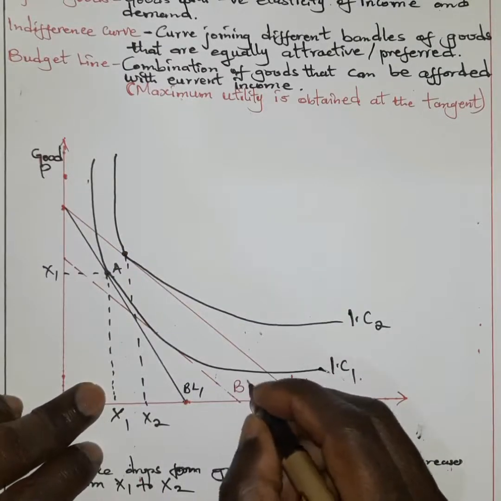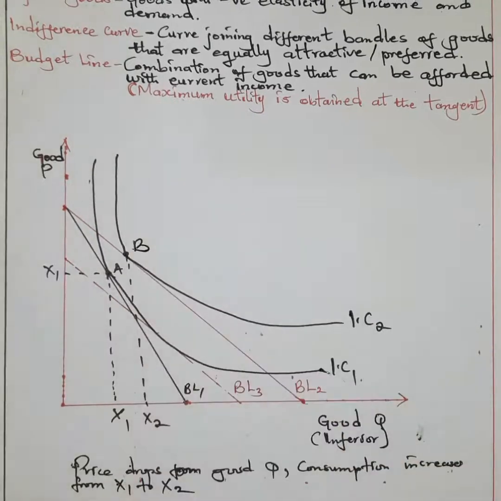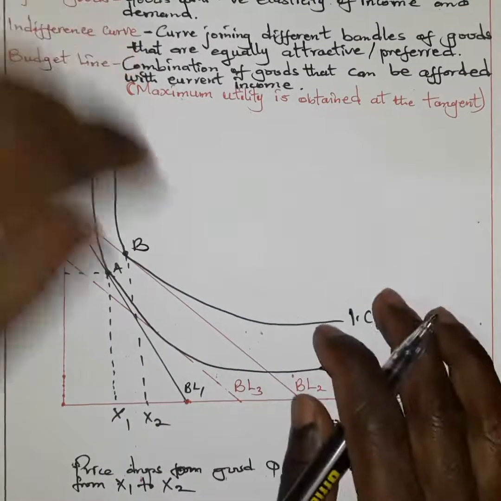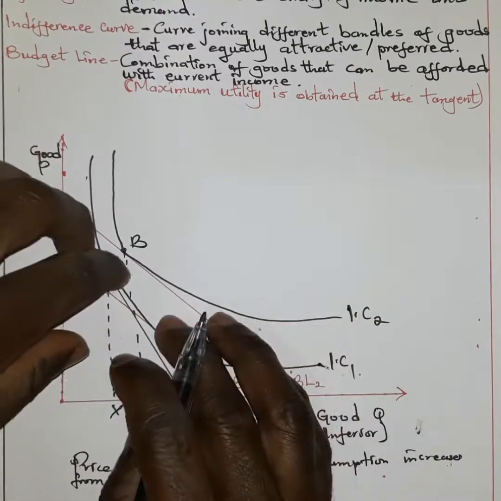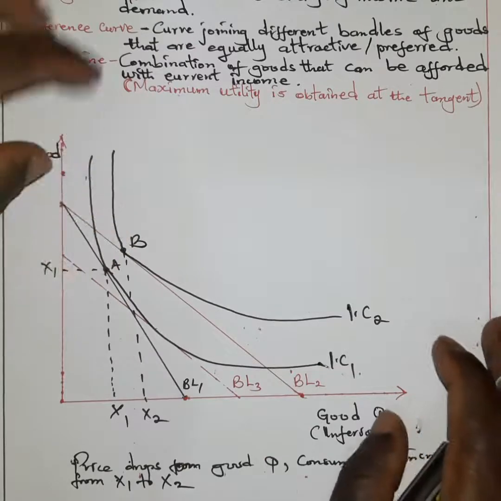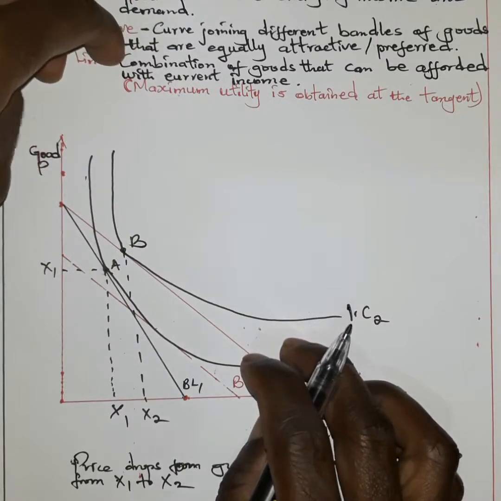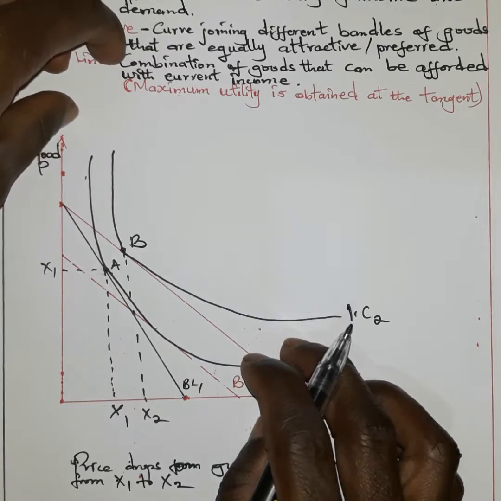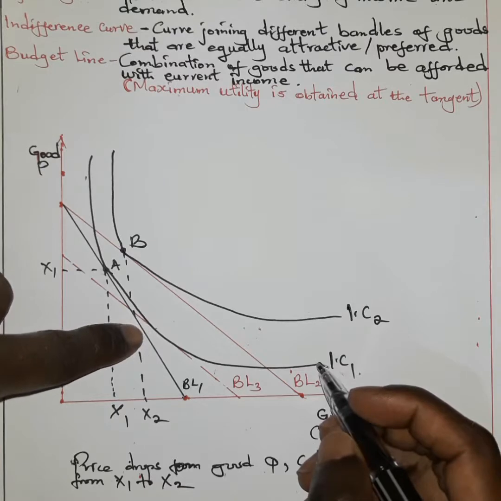This is budget line 3, of which we had here the point B, which gives the maximum utility on budget line 2. And when you have that particular line, you look at the point at which the new budget line 3 is tangent to indifference curve 1.